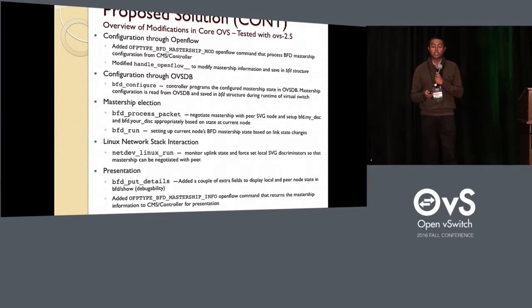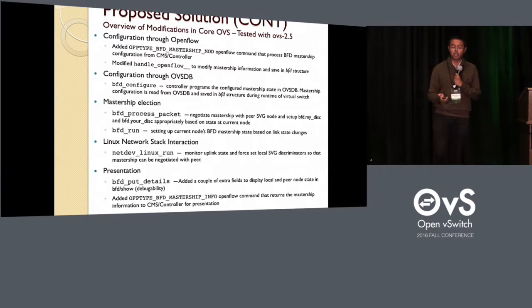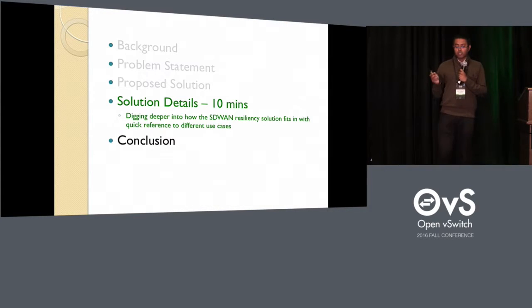Finally, we get into the packet path, which is BFD process packet. And with netdev-linux run, we monitored the uplinks and made sure that this status is also reflected in BFD for mastership. This was the heart of the solution.